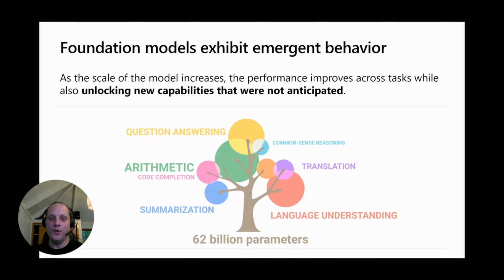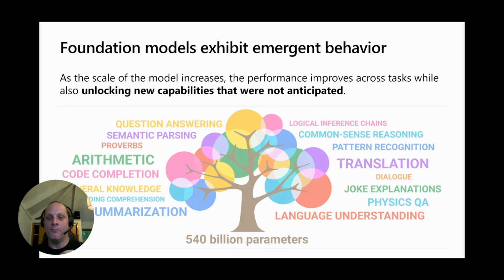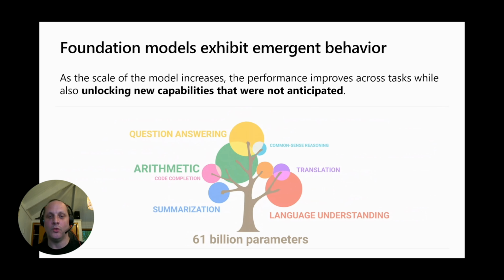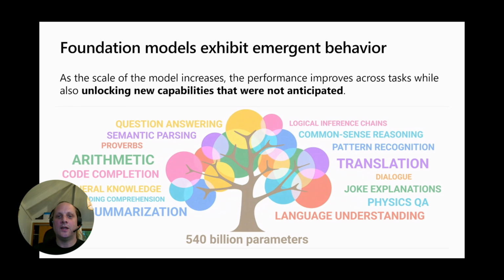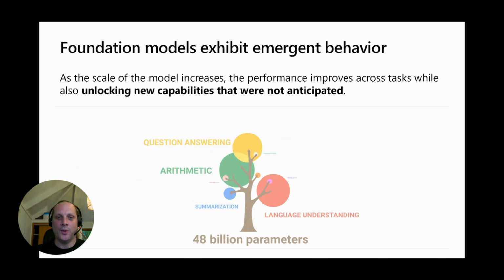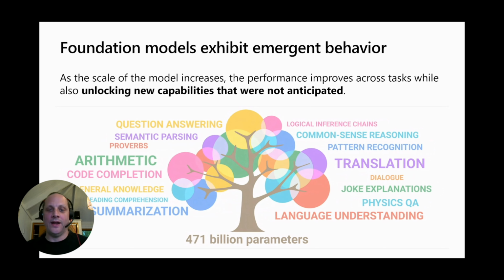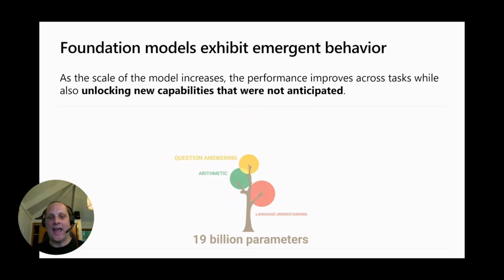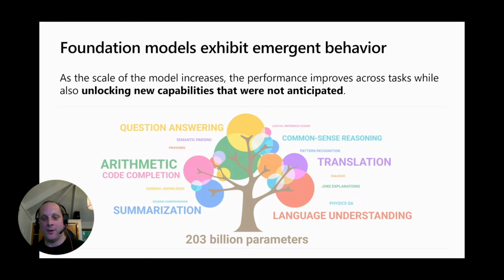What is really important though is that as the model increases in the number of parameters, or the number of nodes in the neural network, the capability of the model increases. Now, you will often see models referred to as Phi 3 4B, which is 4 billion parameters. That's actually a very capable model for a 4 billion parameter model.